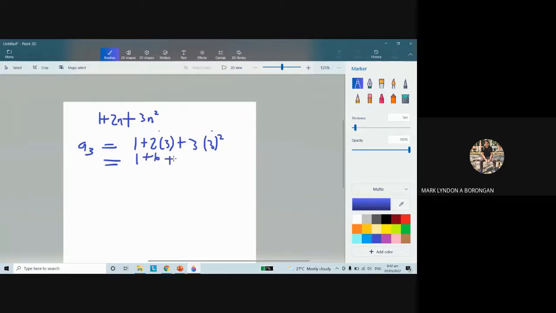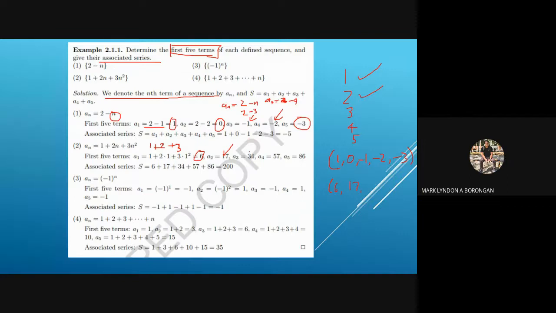And then 3 times 9, since 3 squared is equal to 9. Now perform the indicated operations. You'll get 1 plus 6 is equal to 7, plus 3 times 9 is equal to 27. So our a sub 3 will be equal to 34. So 34 is our third term.